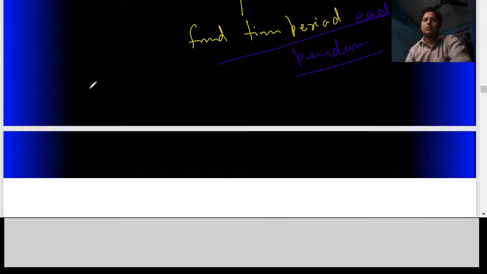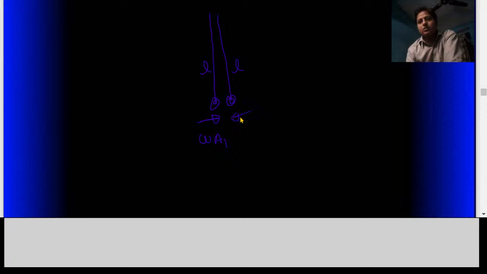How can we calculate the time period for each pendulum? As the bodies come nearer, the lengths are the same. The speed is v equals omega into amplitude.